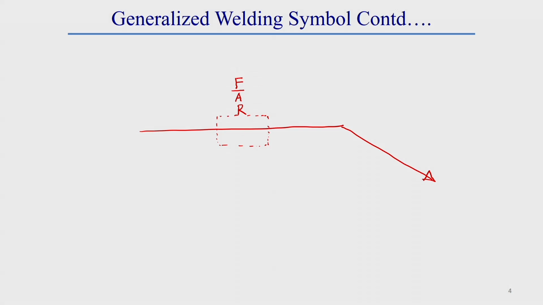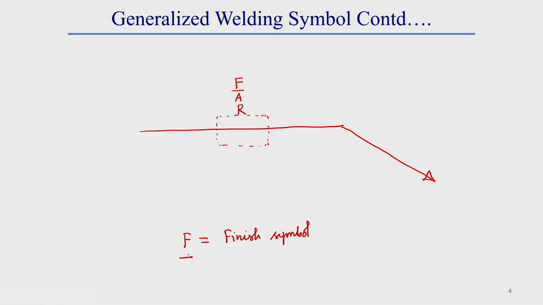Generally here F, A, R is provided. What does F represent? Here F represents the finish of weld, or generally this F represents the finish symbol. First we have to provide the finish symbol of the weld.